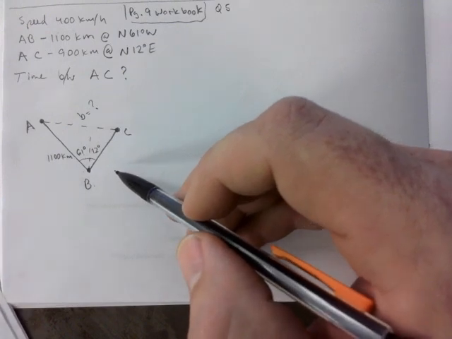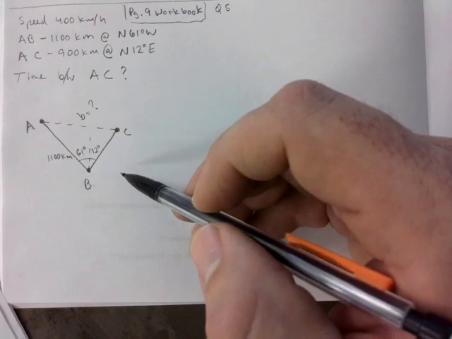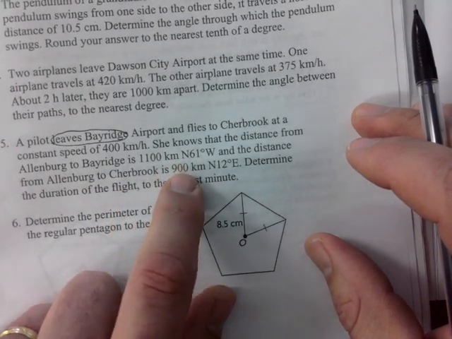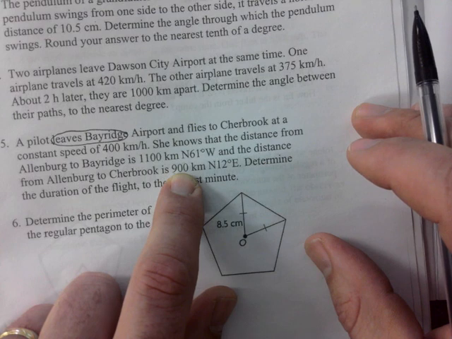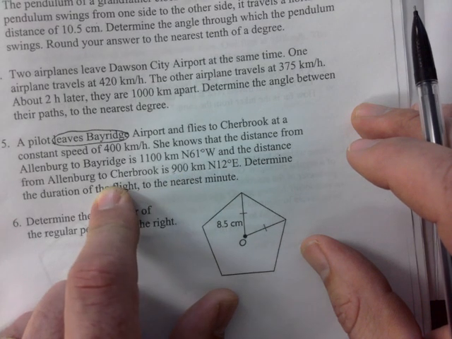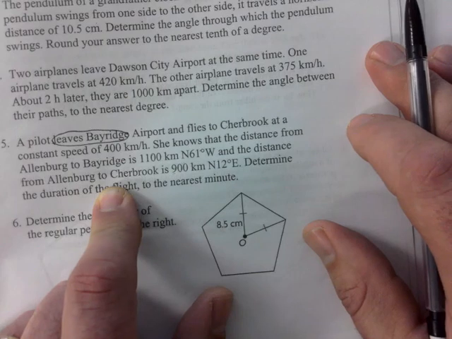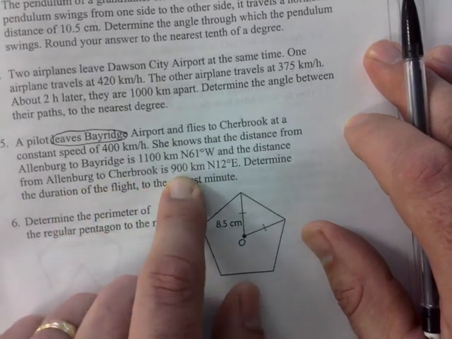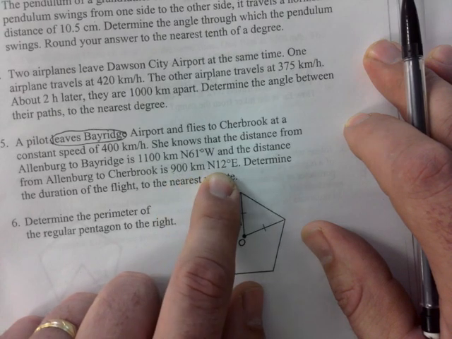Oh, okay, I think the 900 I got wrong, right? The distance from Allenburg to Sherbrooke is 900 kilometers. This question is not worded very well. The distance from Allenburg to Sherbrooke is 900 kilometers north. It doesn't really say that there's a turn, right?